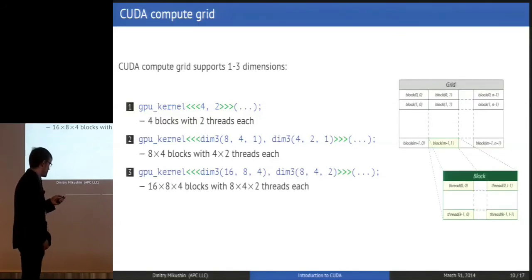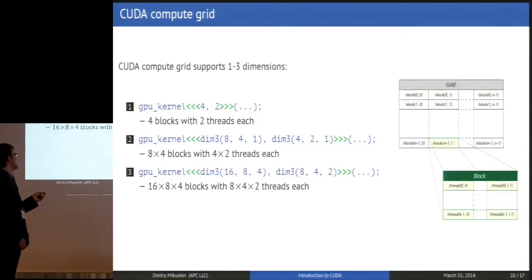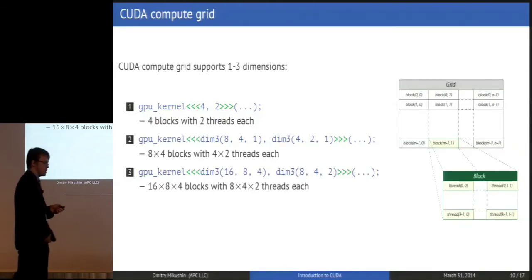And the three-dimensional setup has all positions filled here. It will be 16 by 8 by 4 in 3D for the dimensions of the block grid. And in every block, we will have 8 by 4 by 2 coordinates of threads.